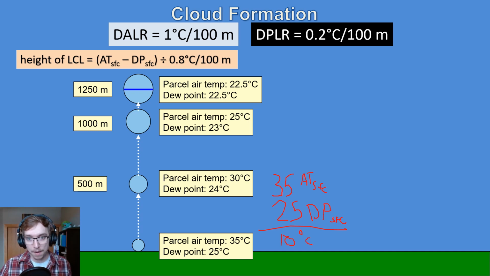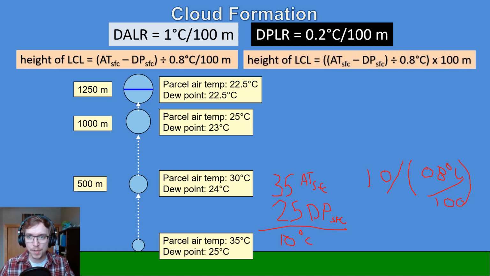You divide that 10 by 0.8 degrees C for every 100 meters. And that's going to tell you the height at which you are going to meet your lifting condensation level. So continue on here.